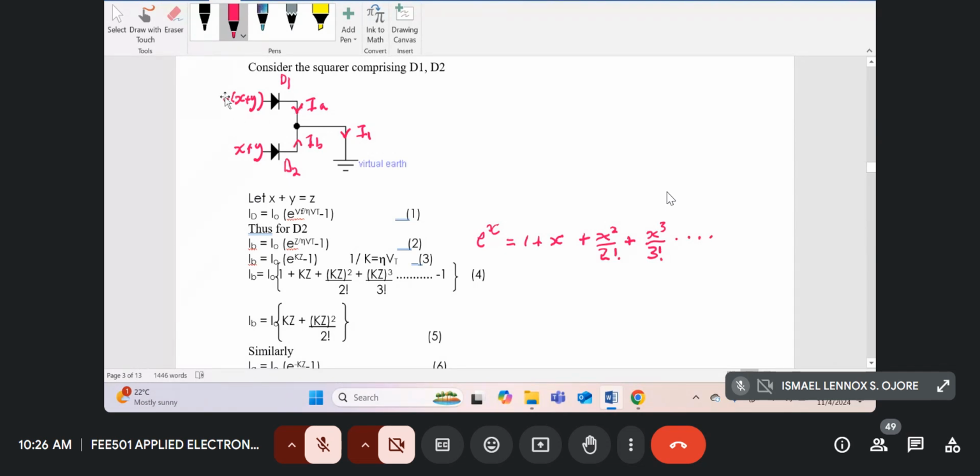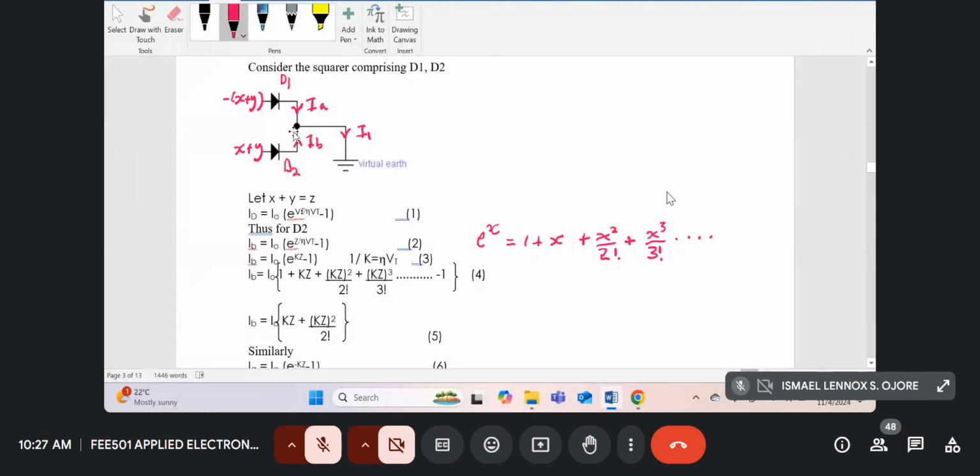If you just consider diodes D1 and D2, the input to diode D1 is minus into brackets x plus y. Input to diode D2 is x plus y, the voltage x plus y. Let the individual currents from the top diode, I'll call it IA, and the bottom current from diode D2, I'll call it IB.